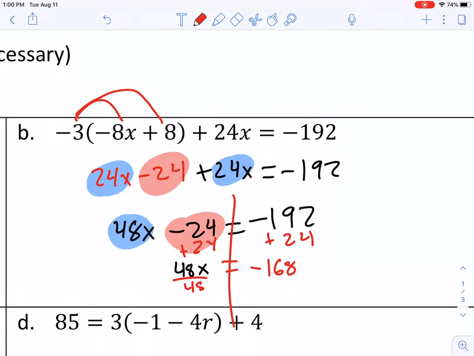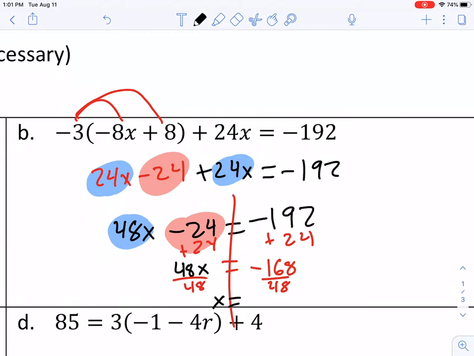Divide 48 to both sides, and x equals, let's see, divided by 48 is 3.5, which is no good because we have a decimal. So again, sometimes our numbers don't work out well.